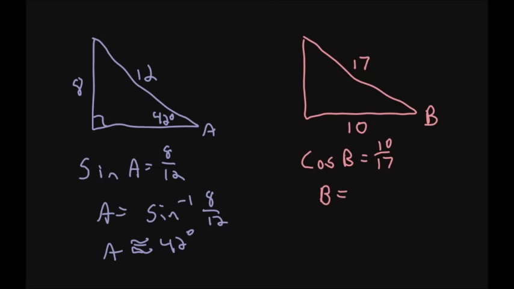So B equals cosine to the negative 1 times 10 over 17. So type that in the calculator. Remember, do shift or second, whichever kind of calculator you're using, of the cosine key. And then the ratio, 10 over 17. And I'm going to get B is about, and we'll again round to the nearest whole degree, about 54 degrees.